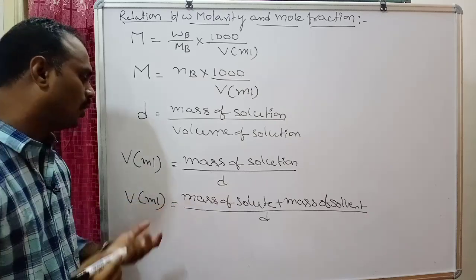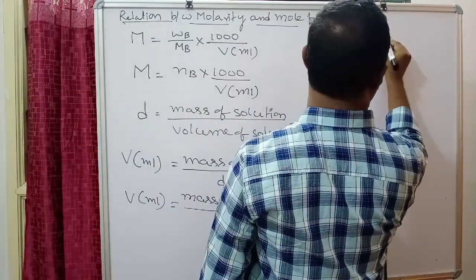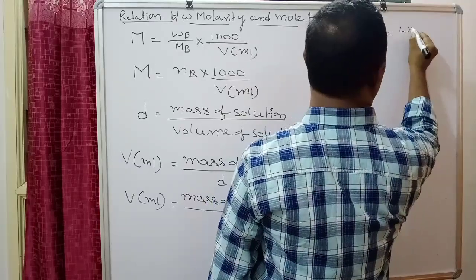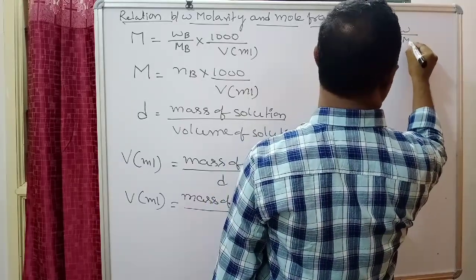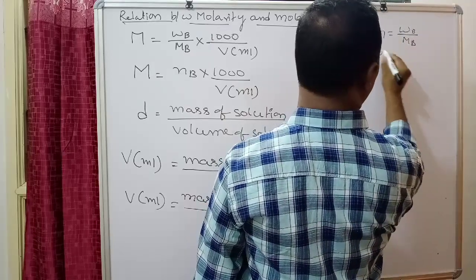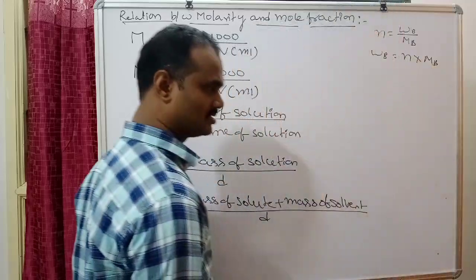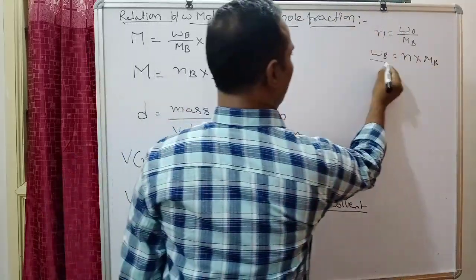Mass of solute, how to get? Here you know the number of moles formula. Number of moles is equal to mass of solute by its molar mass. Suppose you want mass of solute, it means number of moles into its molar mass. This is the mass of solute.